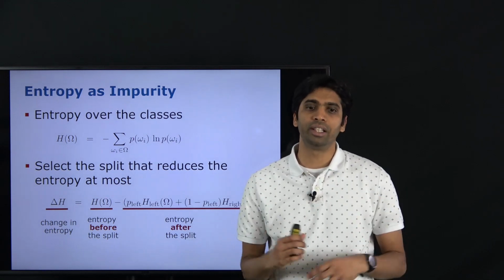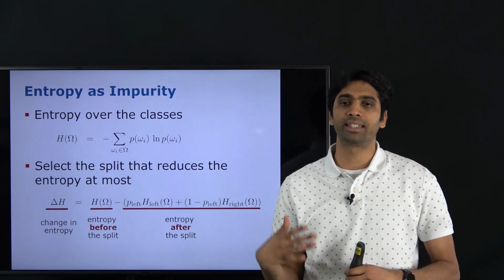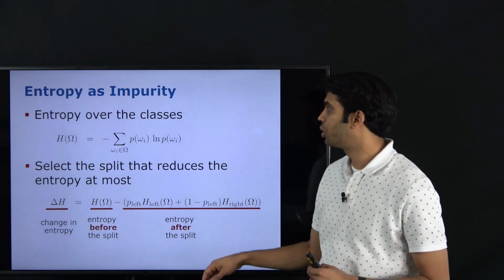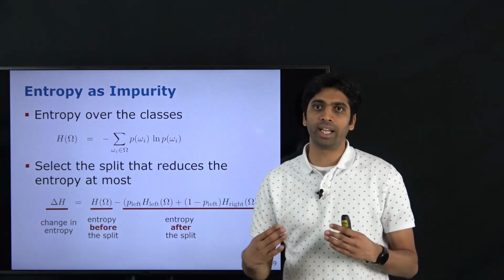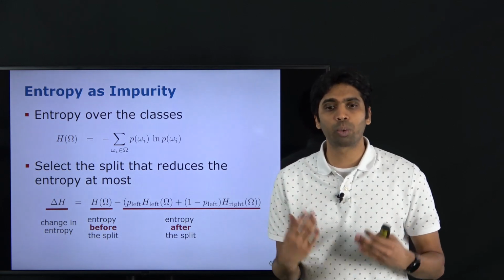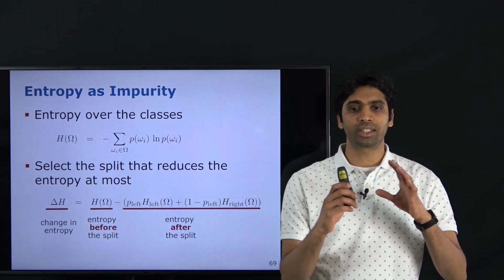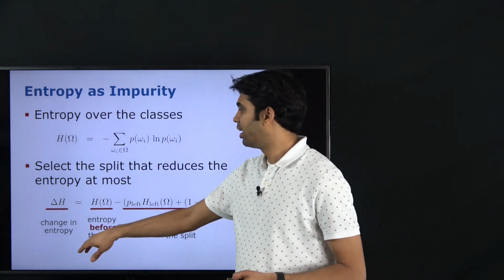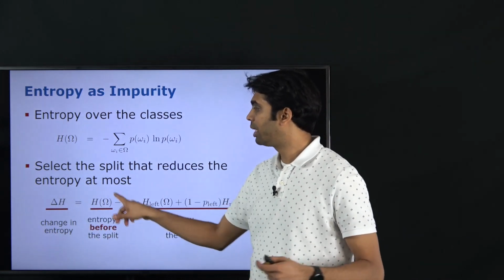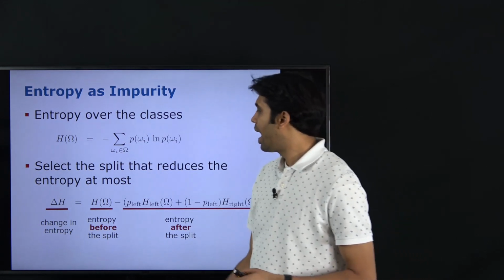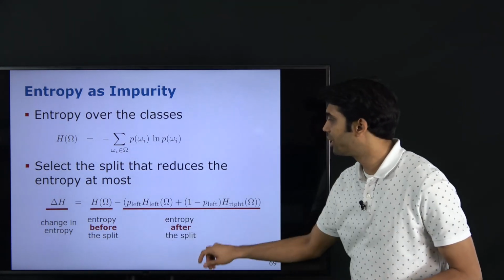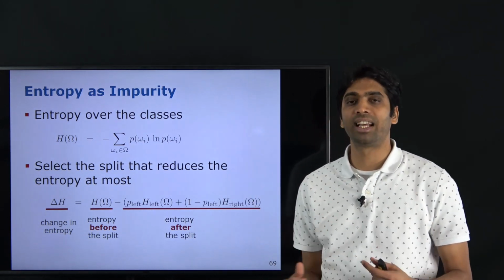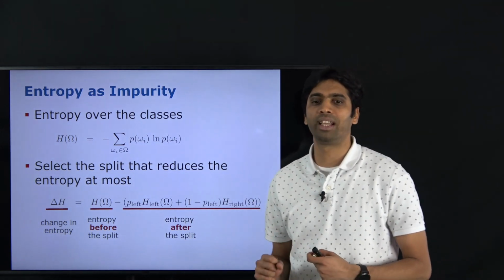So with this, using entropy as an impurity or purity measure, the idea is quite straightforward. We select that split, right? We ask that question which reduces the entropy the most. So if we have an entropy before the split of H of omega here, and this is the entropy after the split, we should make that split that reduces the entropy the most.